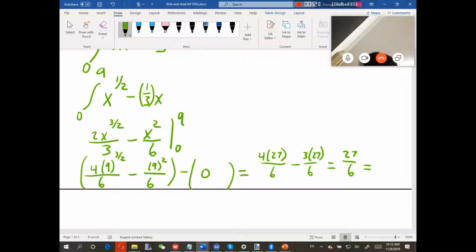Can we reduce that? Can we simplify? Okay, 9 over 2, which is our answer.